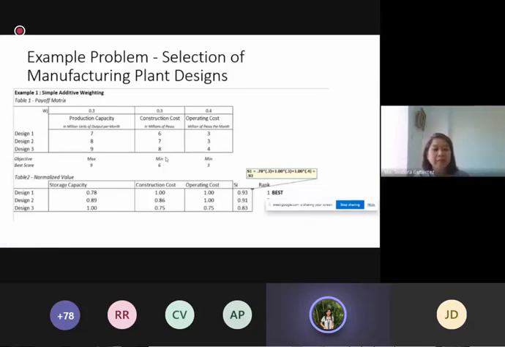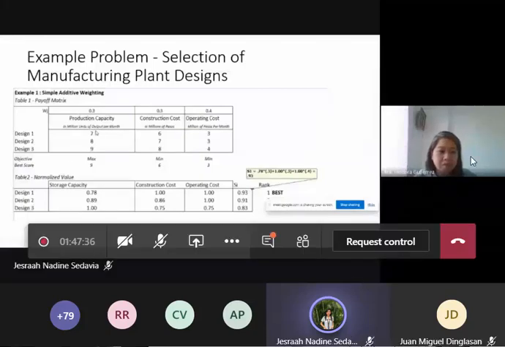What we will do is notice that these have different units. This is in millions of pesos. So we cannot aggregate the scores and get the total score. What we will do is to normalize the performance scores. Here, we will divide the element by the best score.